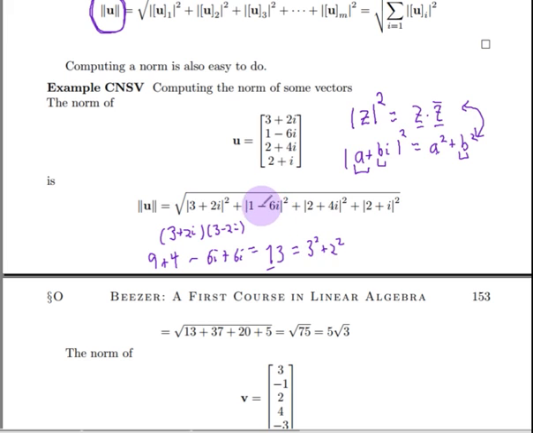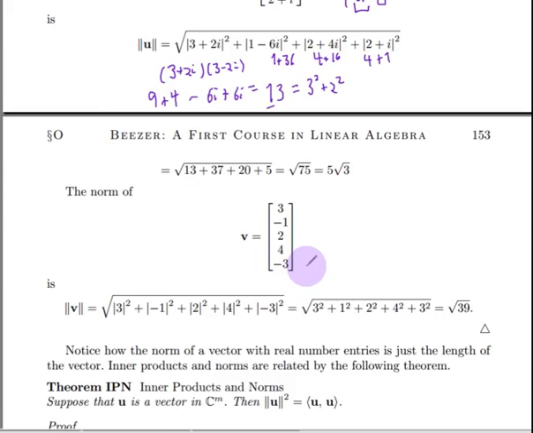In this case, 1 minus 6i, the absolute value squared is going to be 1 plus 36. In this case, it's going to be 2 squared, which is 4, plus 4 squared, which is 16. In this case, it's 2 squared, which is 4, plus 1 squared, which is 1. You add all these numbers up, you take the square root, and you get the square root of 75, which simplifies to 5 square roots of 3.